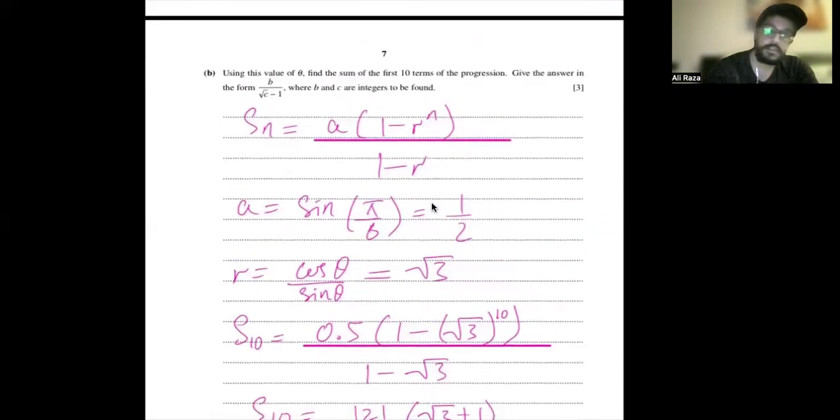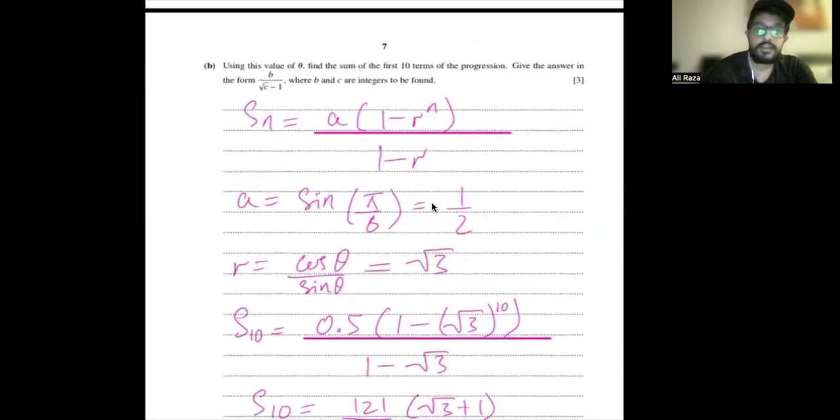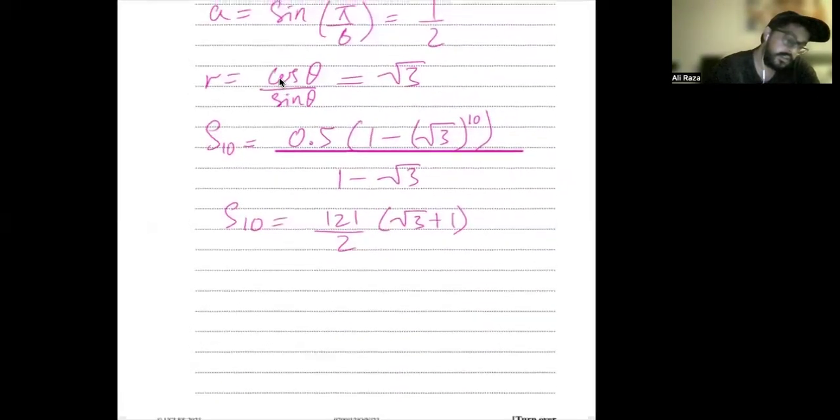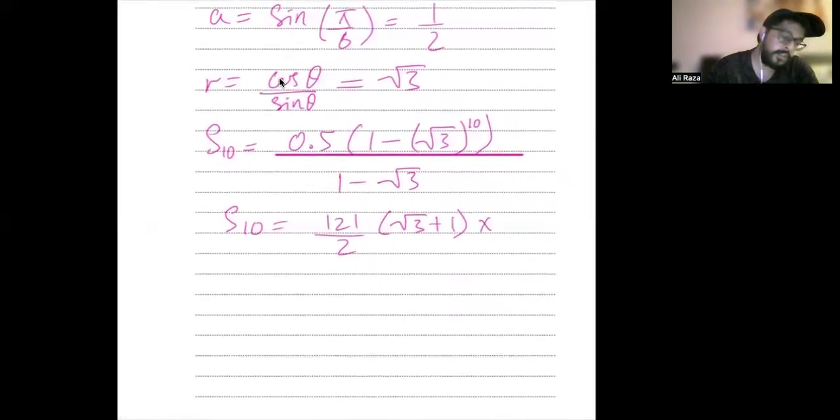Since we need this numerator as a whole number, an integer, we'll multiply the numerator and denominator with root 3 minus 1.